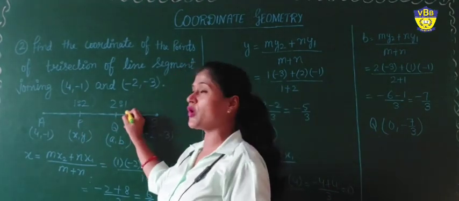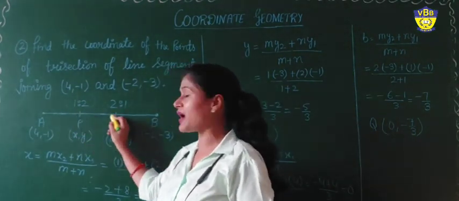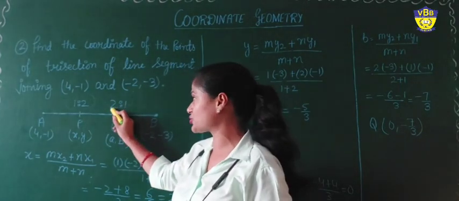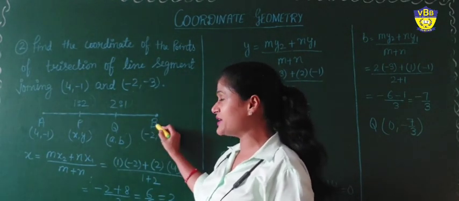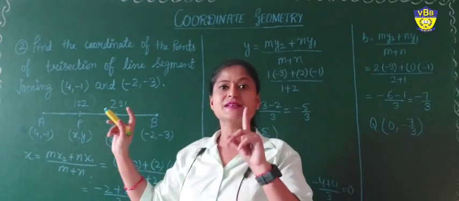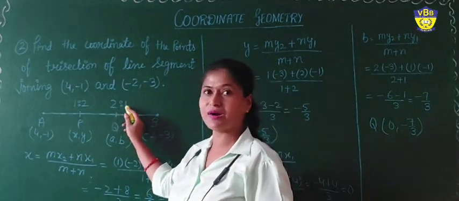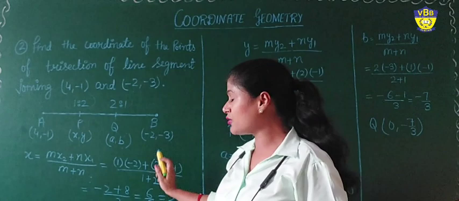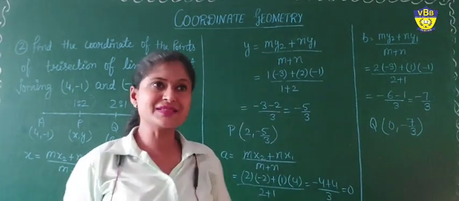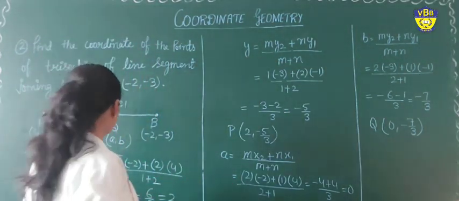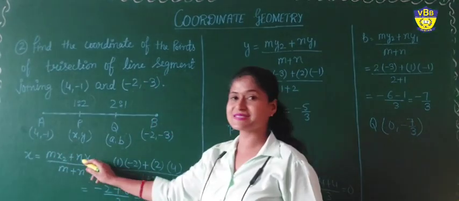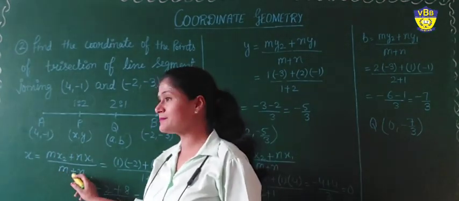For point Q, there are 2 parts of the line, that's why I am writing 2, and after Q to B there is only a single part, which is 1. Now do the same thing. Apply the section formula: x is equal to m x2 plus n x1 upon m plus n.